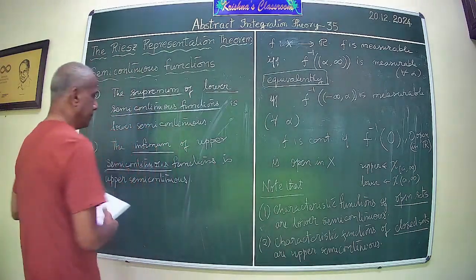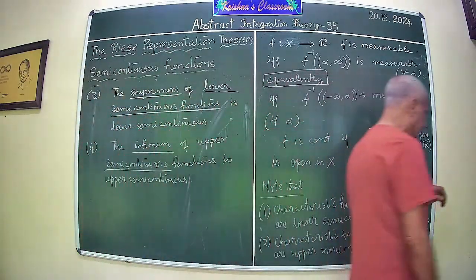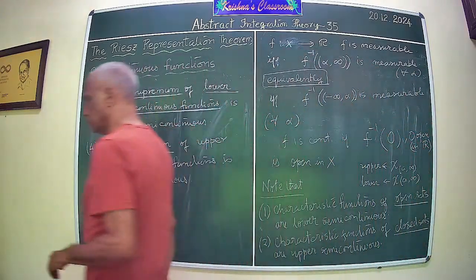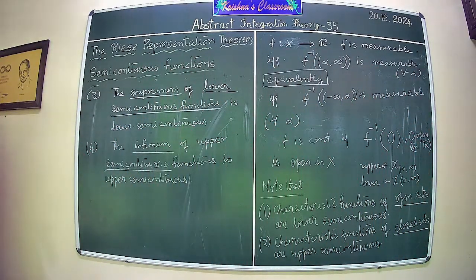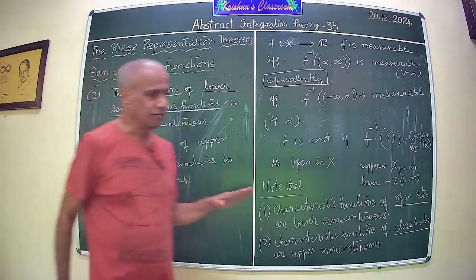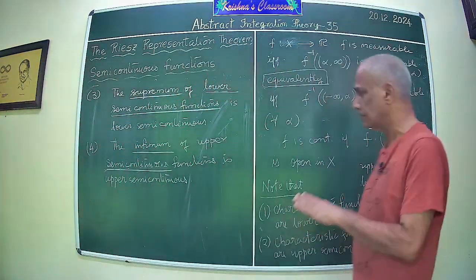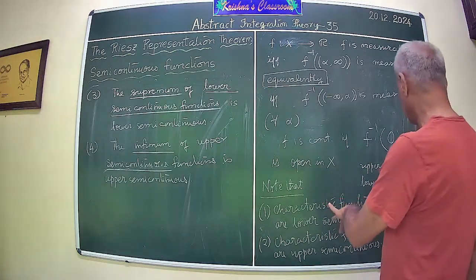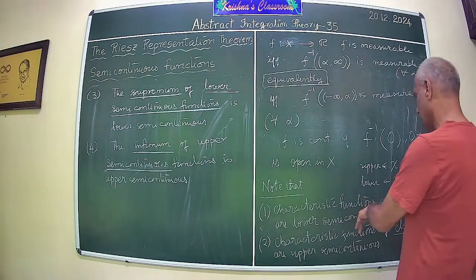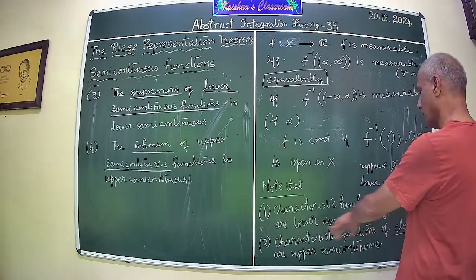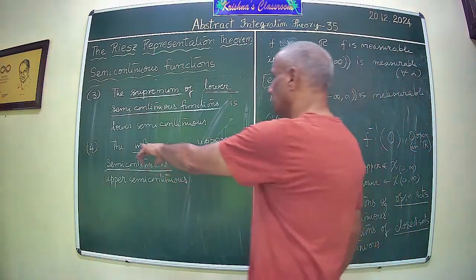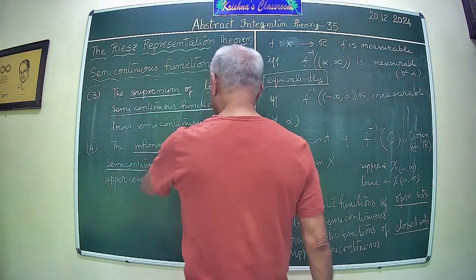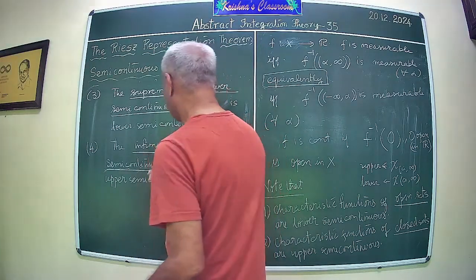And the proof can be done exactly in the same way. We proved that the supremum and infimum of measurable functions are measurable. Okay? Follow the same track, but carefully separate the two cases, namely the supremum of lower semi-continuous functions and the infimum of upper semi-continuous functions.